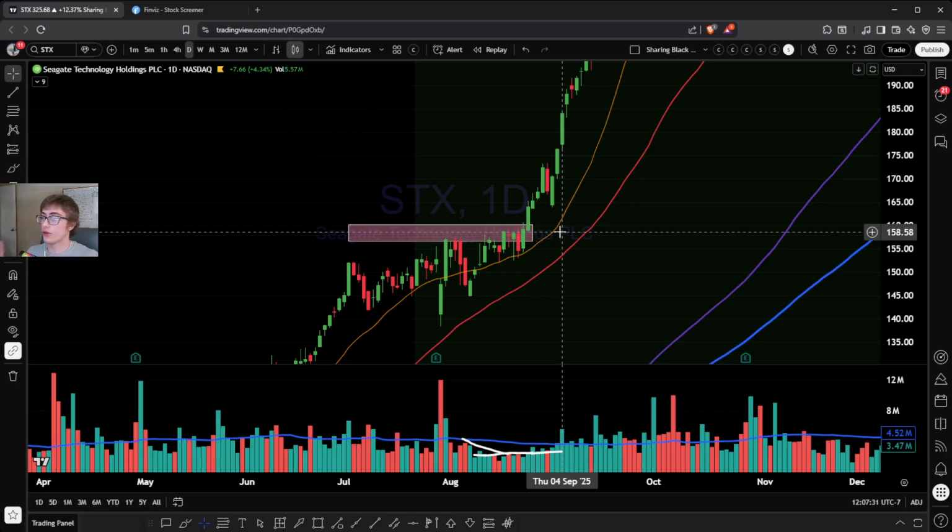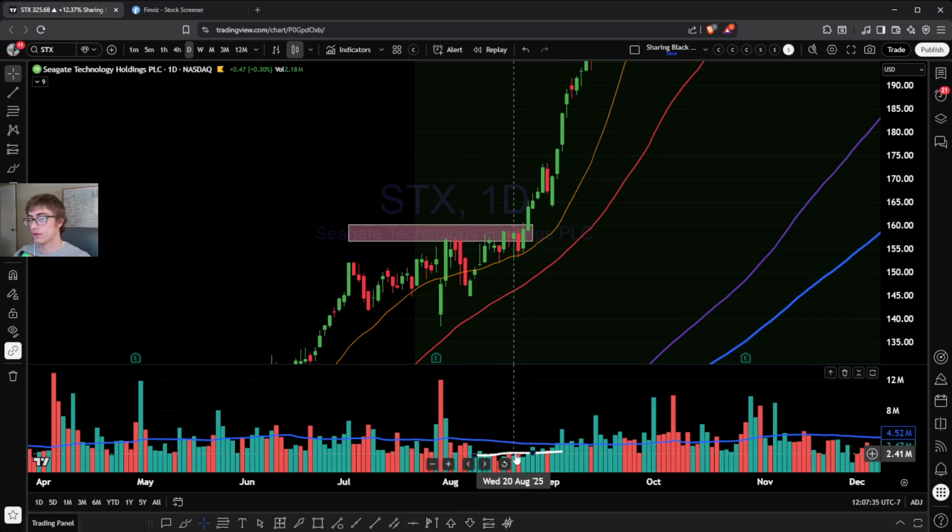And then number three is the volume. You really want to see volume dry up. It's not as necessary as the moving averages, but it plays an essential role in price movement, because price movement is entirely dependent on supply and demand, right?